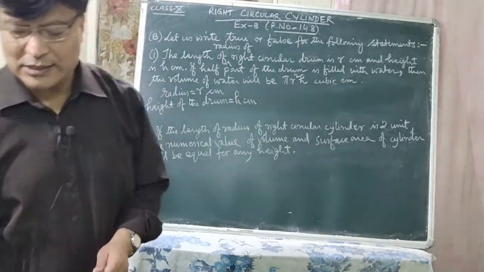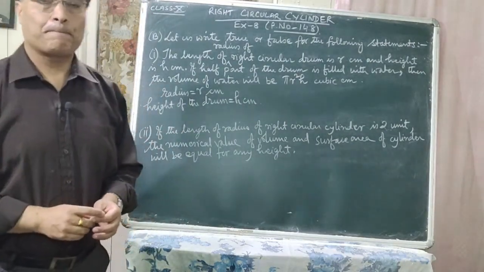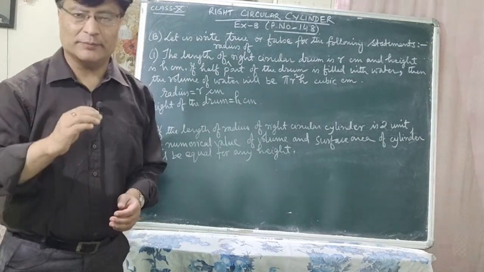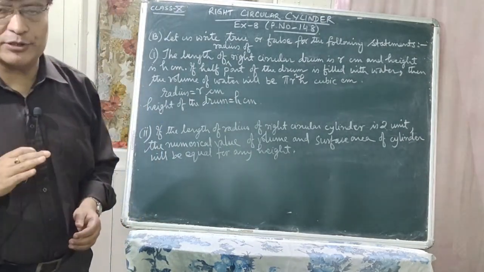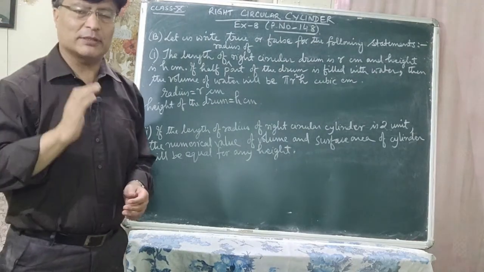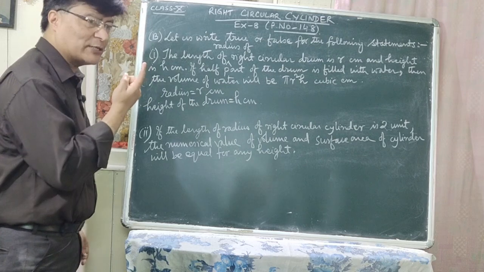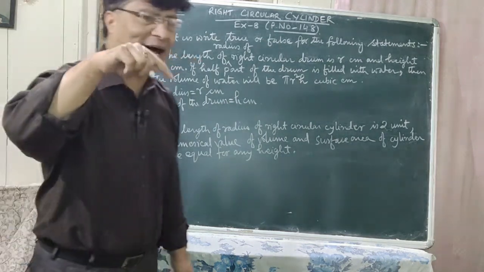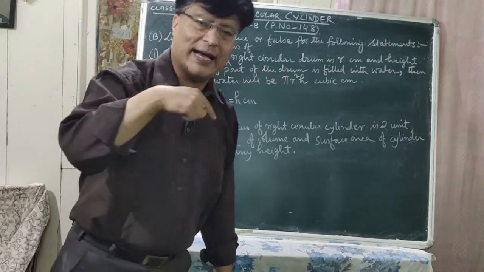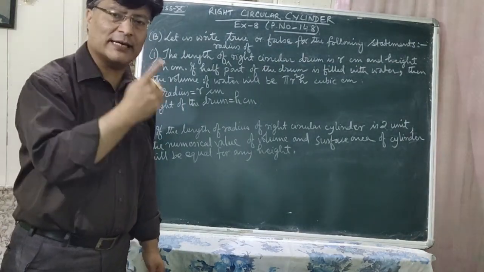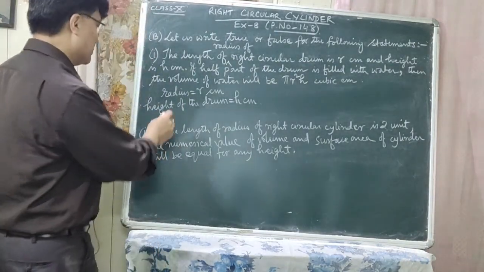Now in the question it is given that this drum is half filled with water. So what is the height of water? That is h by 2, because half of the drum is filled. So the height of the water level in that drum is h by 2 centimeter.